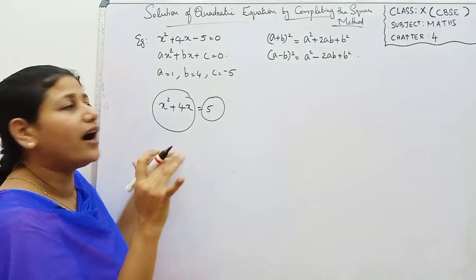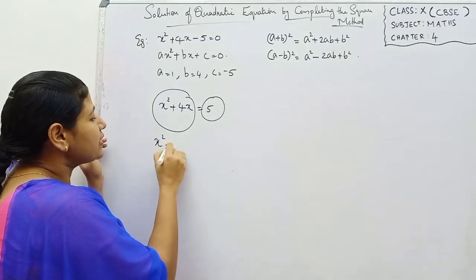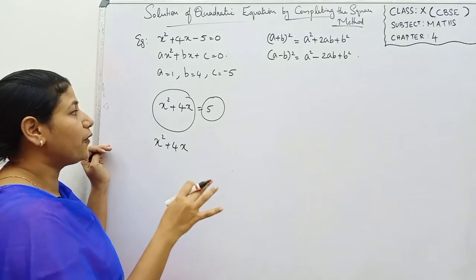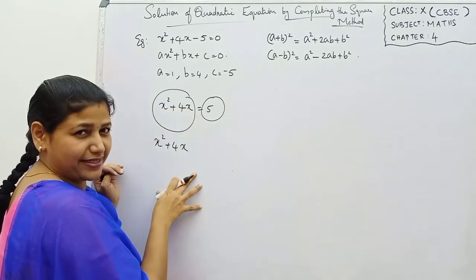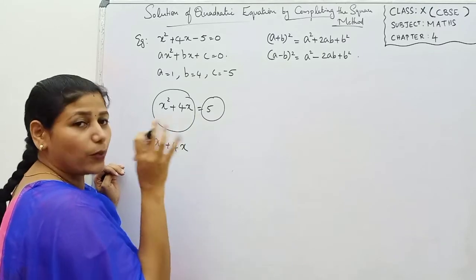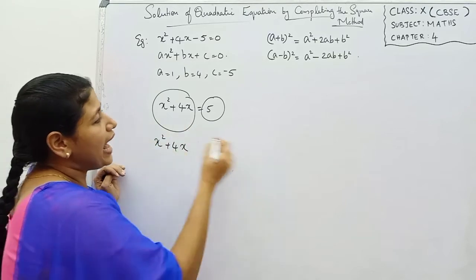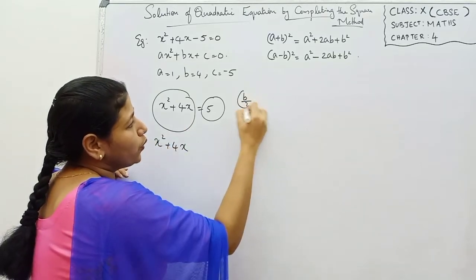For that, with x square plus 4x, we have to add the square of half of the coefficient of x. That means we have to add b by 2 whole square.